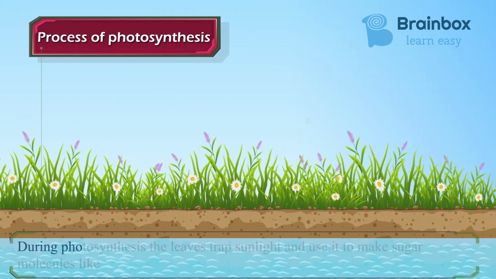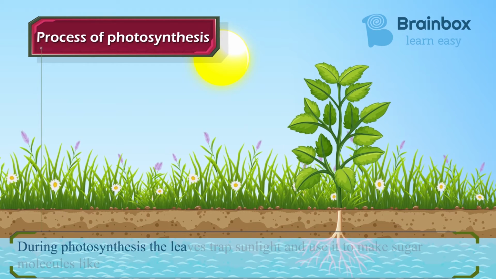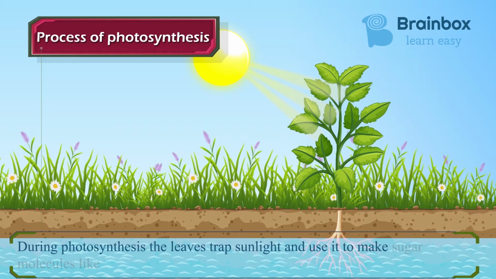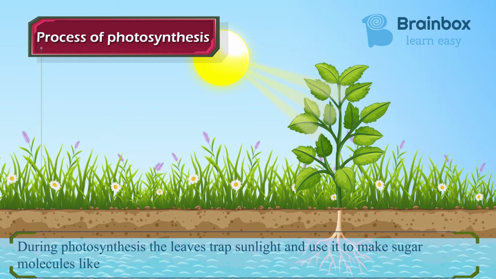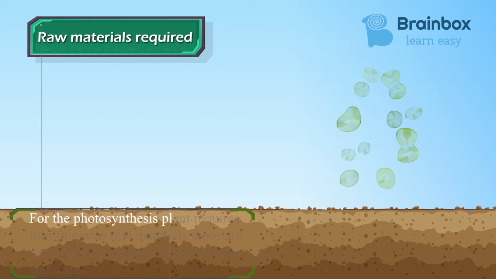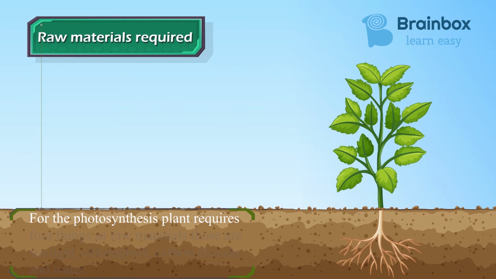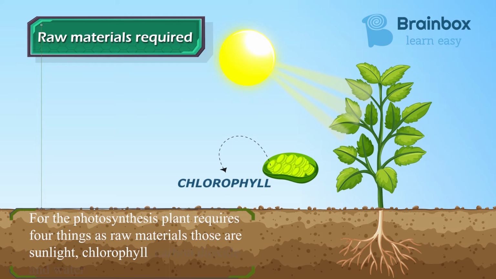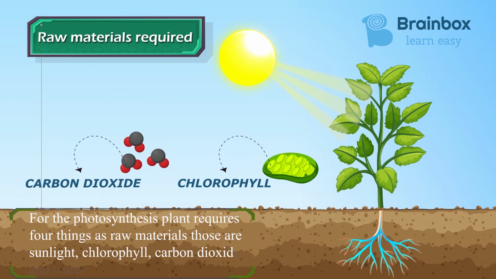During photosynthesis, the leaves trap sunlight and use it to make sugar molecules such as starch. For photosynthesis, plants require four things as raw materials. These are sunlight, chlorophyll, CO2 and water.